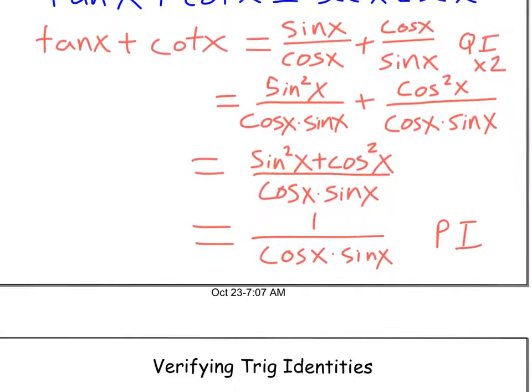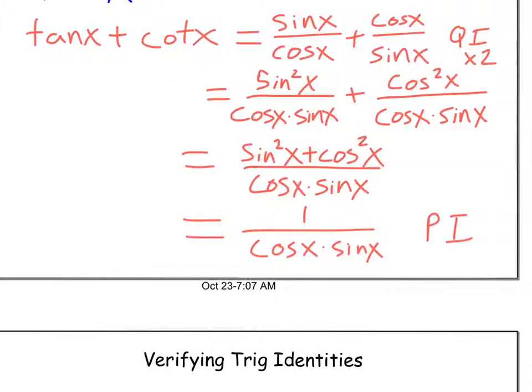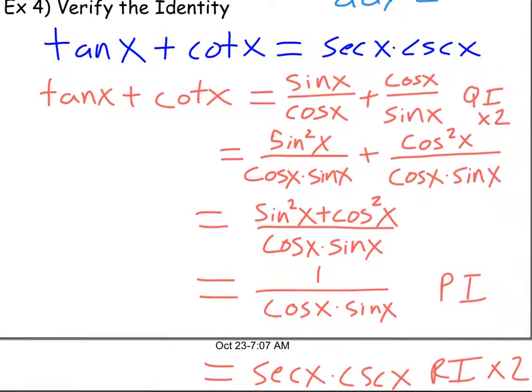And then I'm going to do a little reciprocal identity times 2. 1 over cosine, I could flip that to secant. 1 over sine is cosecant. That's a reciprocal identity times 2. And if we check the right side, that's exactly what we were supposed to get to.